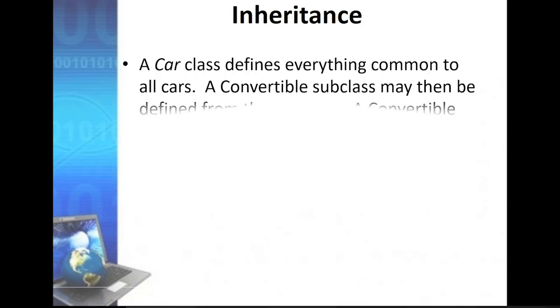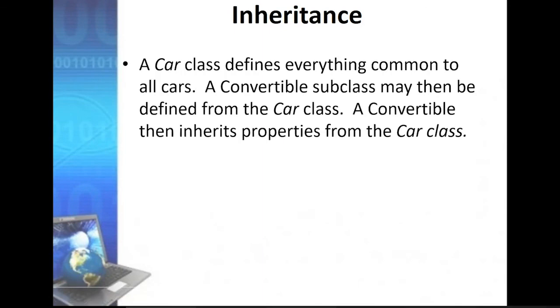So, a car class defines everything common to all cars. For example, a convertible subclass may then be defined from the car class. A convertible then inherits properties from the car class. So we have a car class, okay? And then we have an attribute we call convertible. A convertible subclass may be defined from the car class.